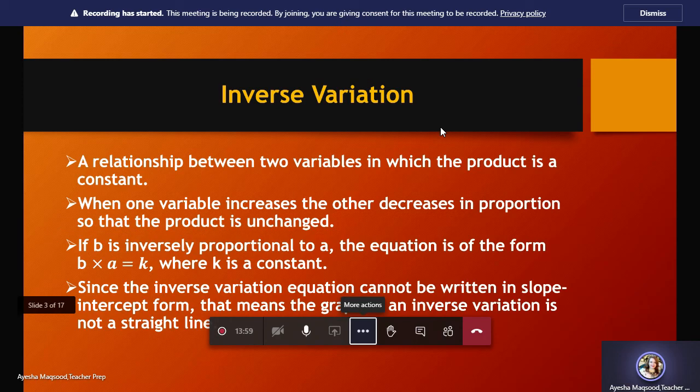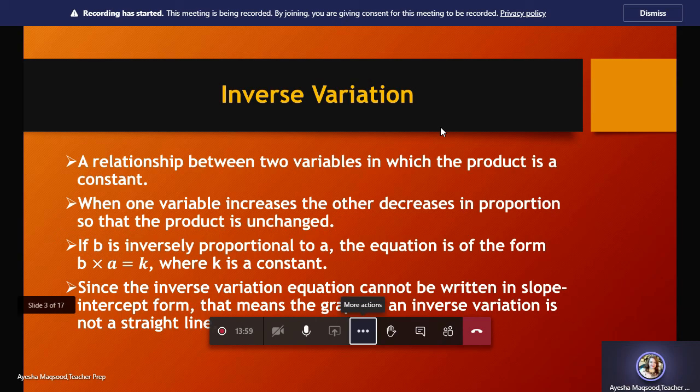Similarly, take the example of workers and the number of hours they work. If more people are doing one job, the task will be finished early. But if fewer people are doing the same job, it will take more time. So by increasing the labor, the helping hands, the task can be done early, so time will be reduced.